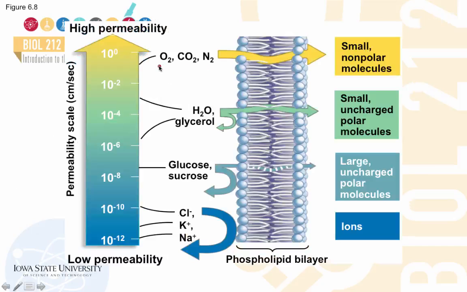As you can see, small nonpolar molecules can pass through pretty quickly via hydrophobic interactions with the interior of the lipid bilayers, whereas polar molecules and large molecules have a tough time crossing the lipid bilayers due to their chemical nature. Same is true for electrically charged ions, to which the membrane is impermeable.